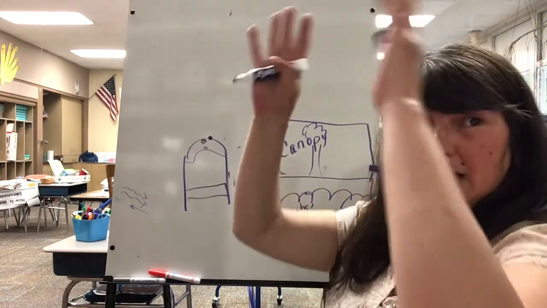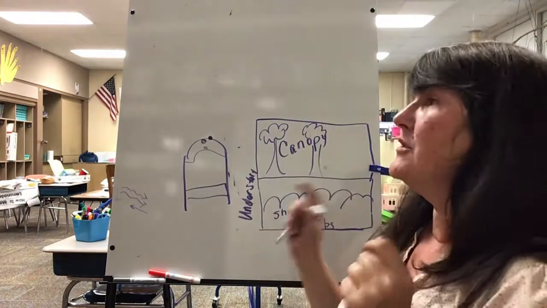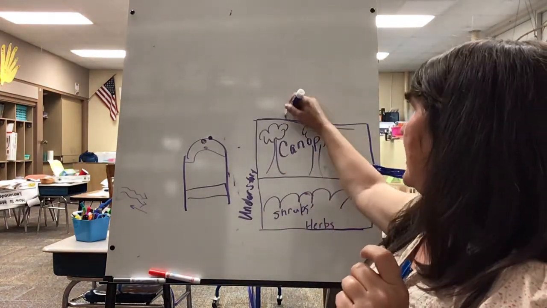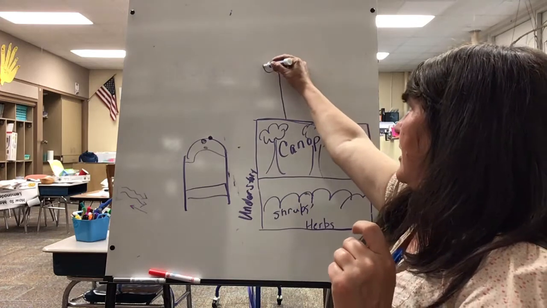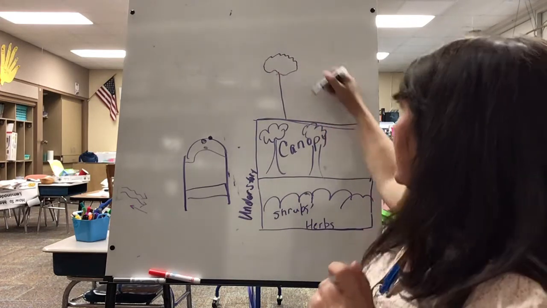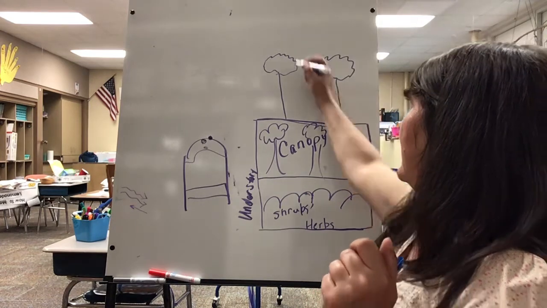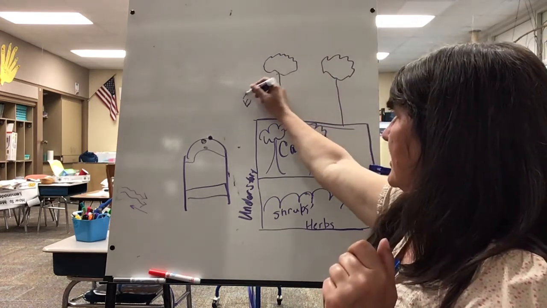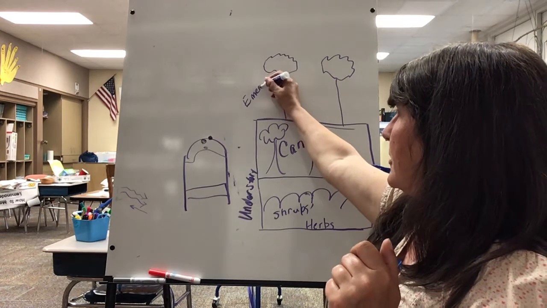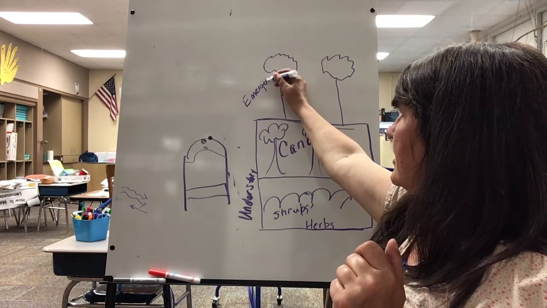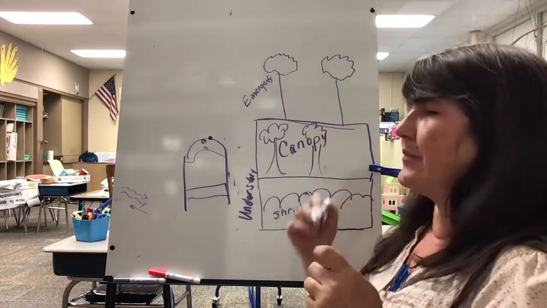So a canopy is like the top layer, right? So your canopy is where the treetops are. Then you have some trees that just come up and they're really tall. They just pop up out of the rainforest canopy, and these are called emergents. They emerge out of the rainforest canopy.